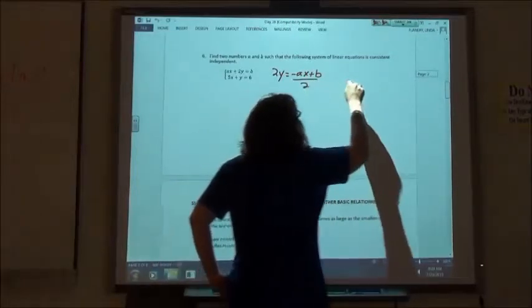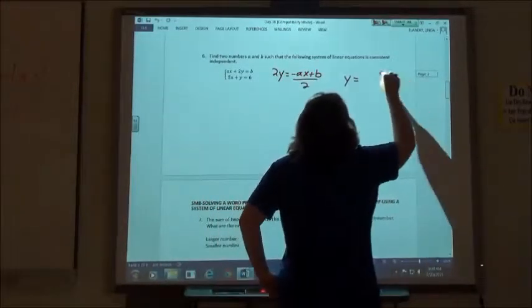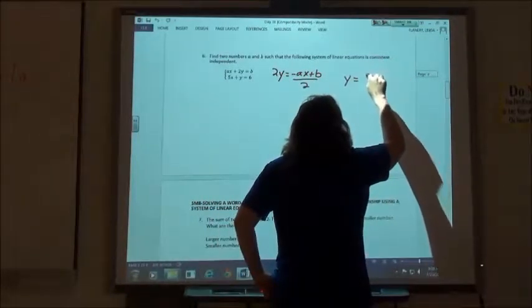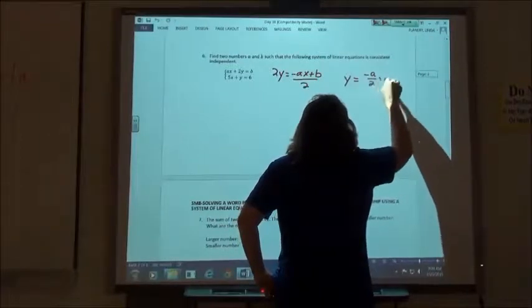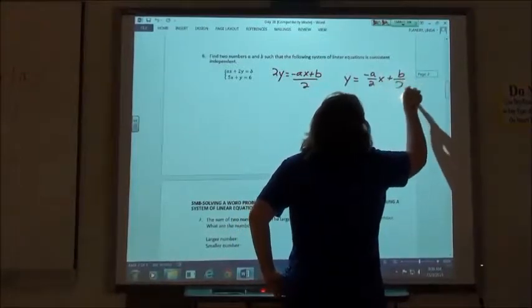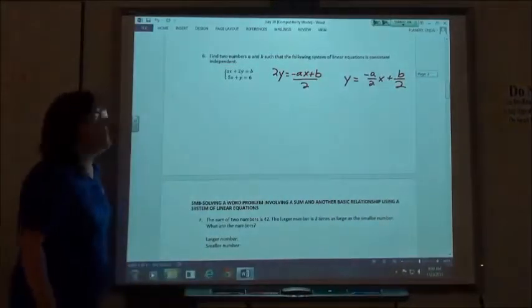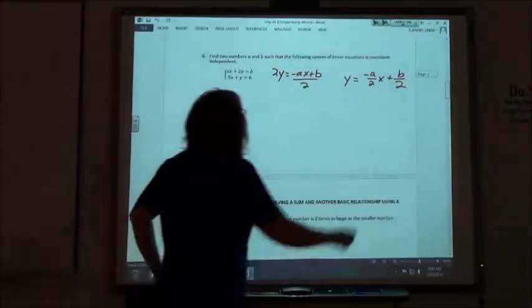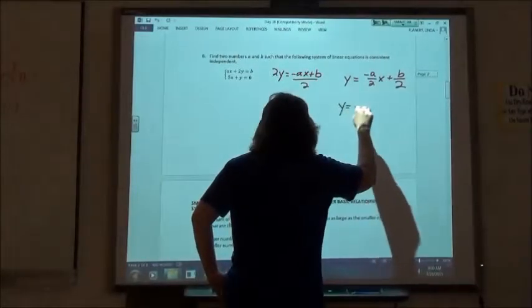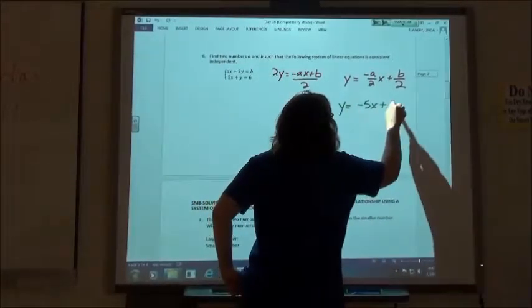Divide by 2, so y is going to equal negative a over 2 x plus b over 2. My second equation, solving that one for y, that one's an easy one to solve for y. y equals negative 5x plus 6.